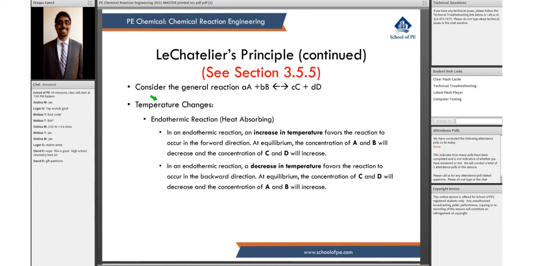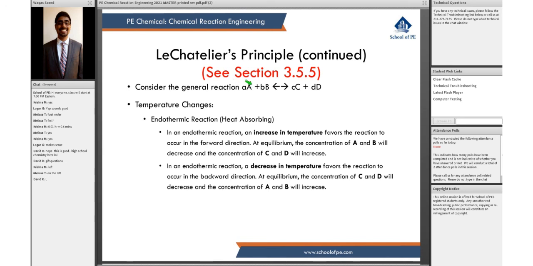Now, when we're looking at temperature changes, let's say you have an endothermic reaction. So if it's an endothermic reaction, where would the heat term be in this general reaction? Would it be on the left or on the right? Yeah, so it's on the left because standard convention is the reactants are on the left, even for a reversible reaction.